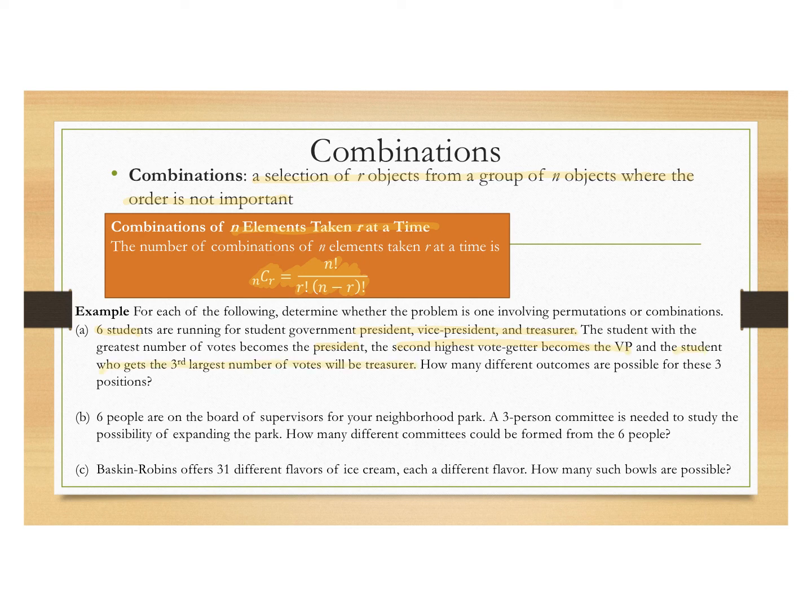How many different outcomes are possible for these 3 positions? So because the candidate that receives the most can't be selected for both president and then vice president, this is one in which order is important. So this one is a permutation.